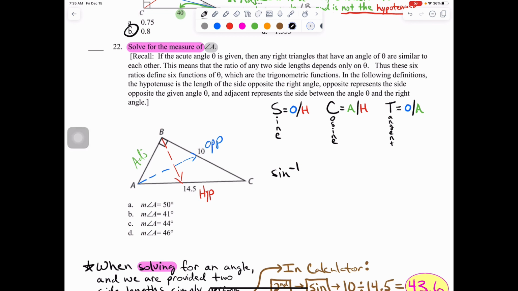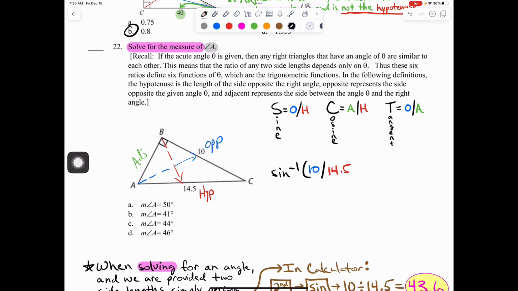Now in your calculator, it will auto dispense an open parenthesis, and then put in your opposite, which is 10. Hit your division symbol, and put in the number 14.5 for your hypotenuse.